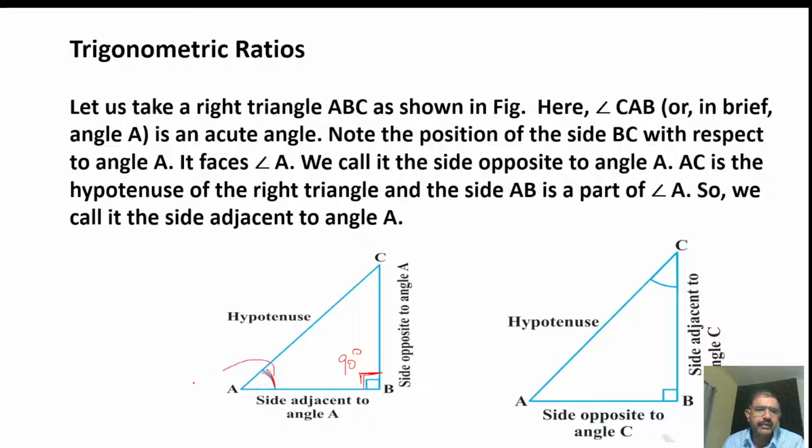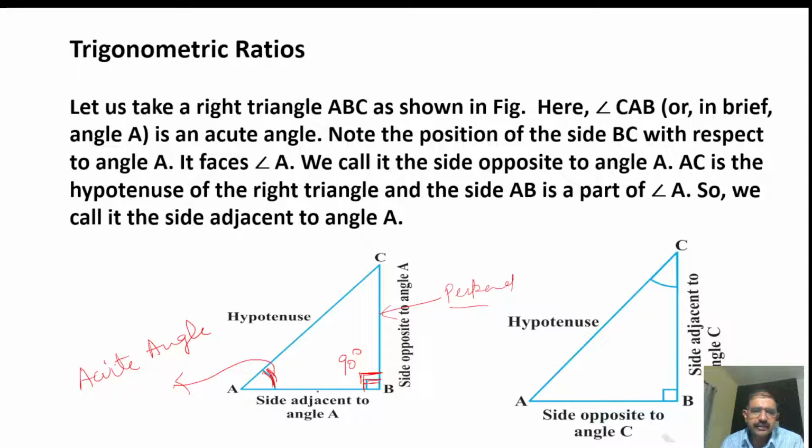This is an acute angle basically. Note the position of the side BC with respect to angle A, it faces angle A. So the side which is just opposite to this acute angle is normally known as the perpendicular.